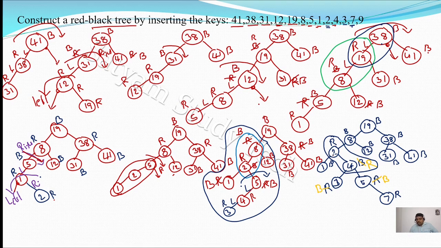The parent of 4 is 2, and the sibling of 2 is black color. So we have to rotate. What type of rotation do we have to apply here? 2 is the left of 8.